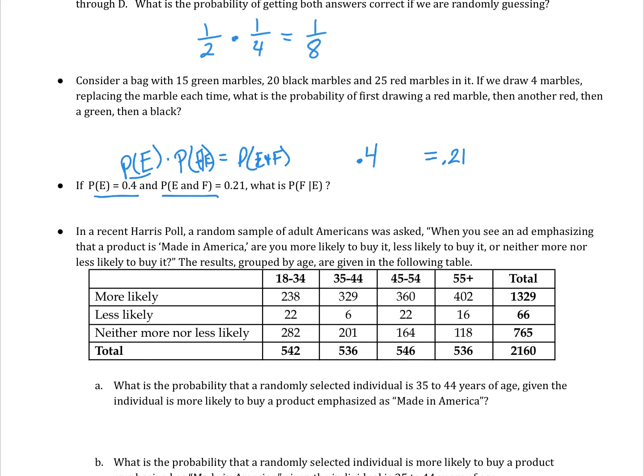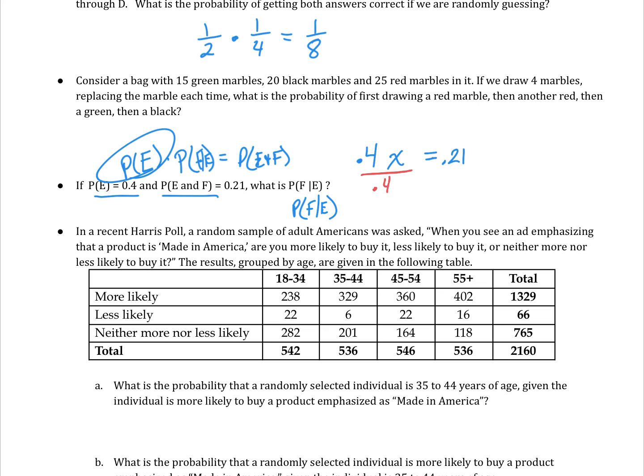So in this case, we have the P of E, it's right here. We don't have the probability of F given that E has happened. So that will be our X value because it's an unknown number. And just like any other algebra, anytime we're trying to solve for X and we have multiplication, we are going to divide to get rid of this.